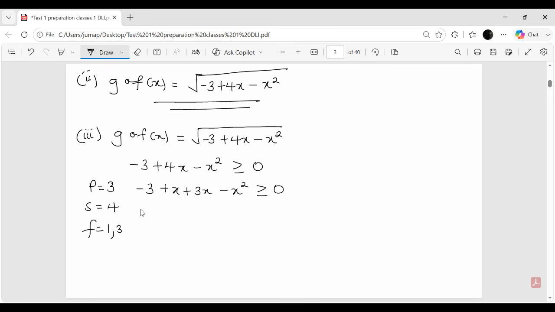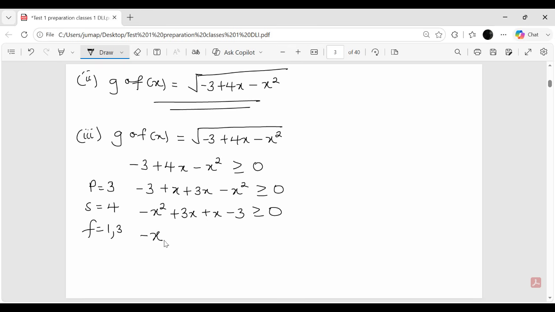So I'm going to have negative x squared, then plus 3x, then plus x minus 3, which must be greater or equal to 0, so that I solve it easily. Here what is common is x, and it's negative x. So I'll just get negative x.